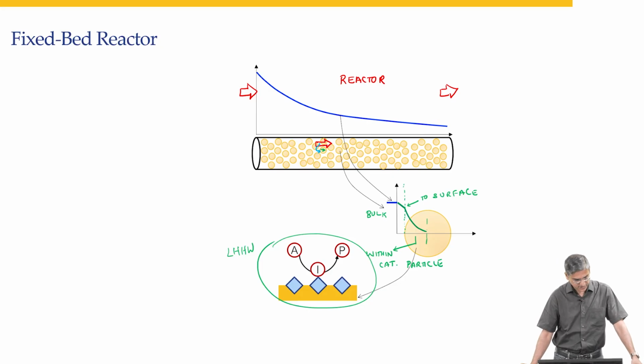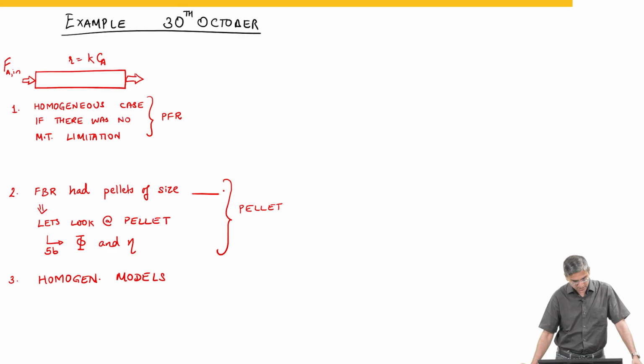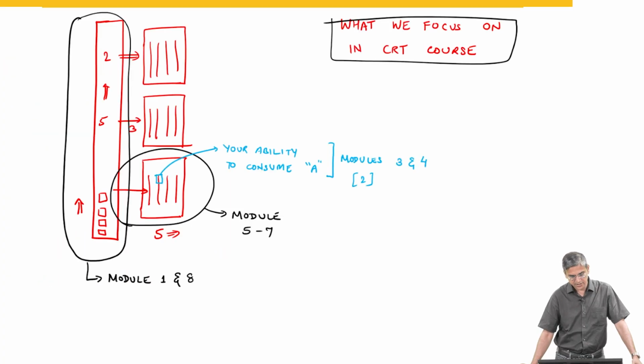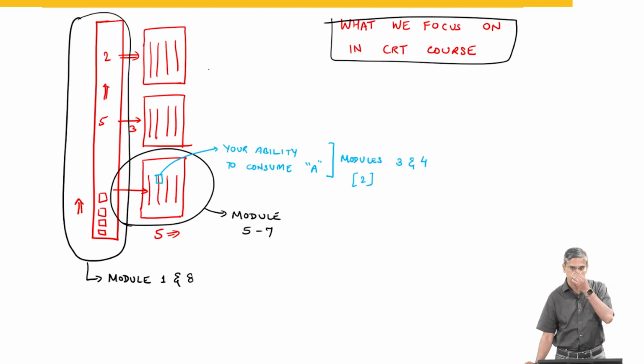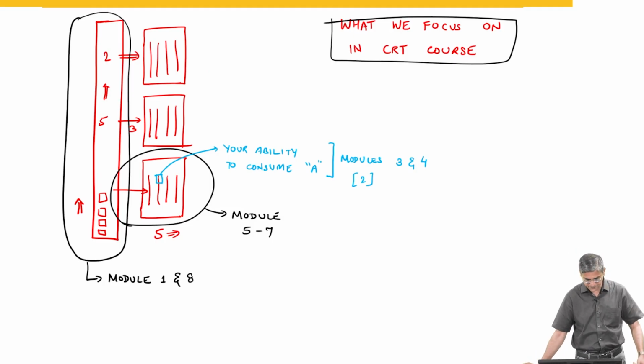So you have things happening at the reactor level, shown in the black box, and you have things happening within the catalyst, or within a particle, or within a liquid drop or a gas bubble.